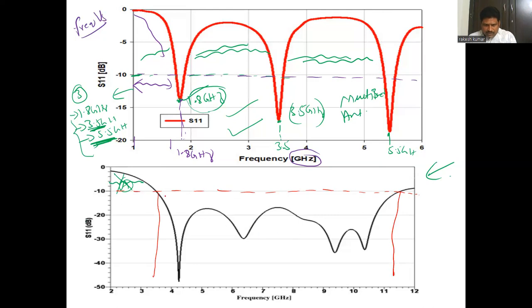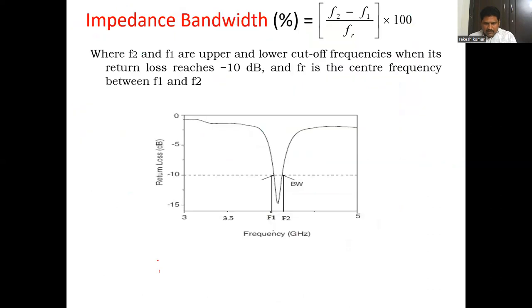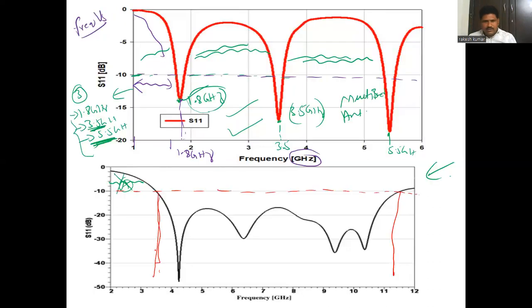So what is this frequency? On the x-axis we have frequency. So this is almost 3.5 gigahertz and this is 11.5, which means this antenna is operating from 3.5 gigahertz to 11.5 gigahertz.